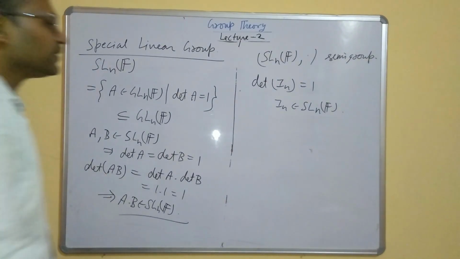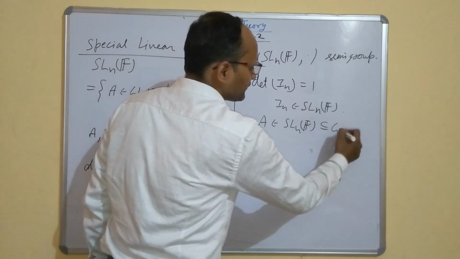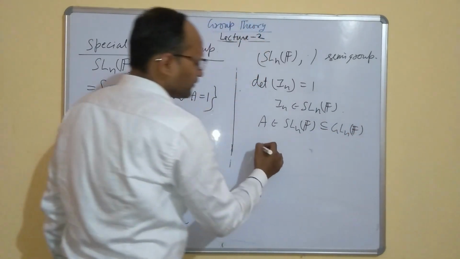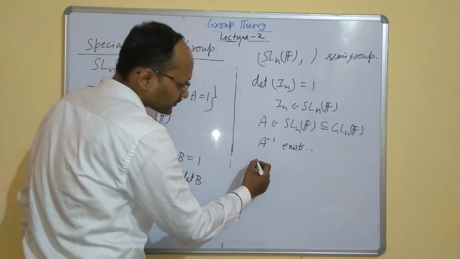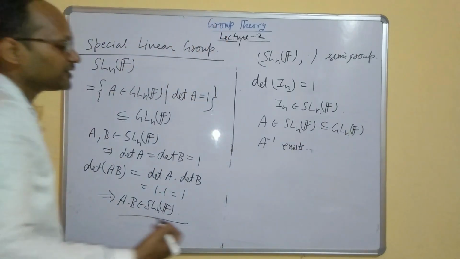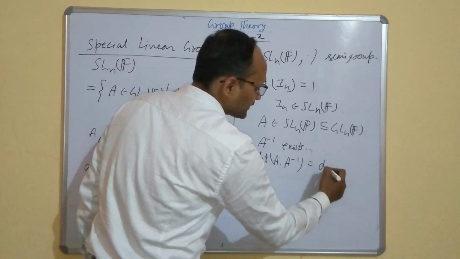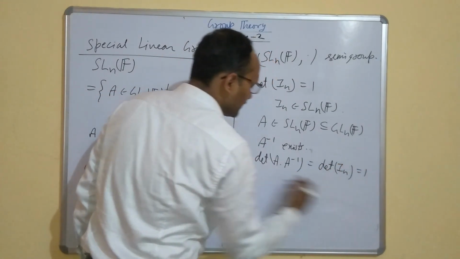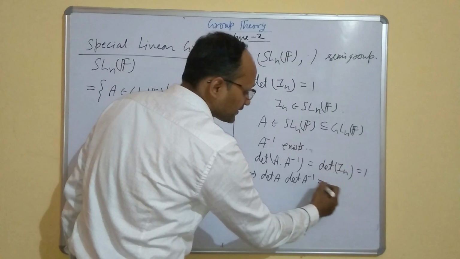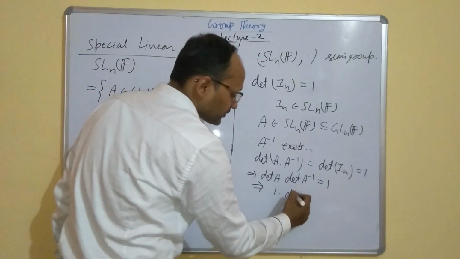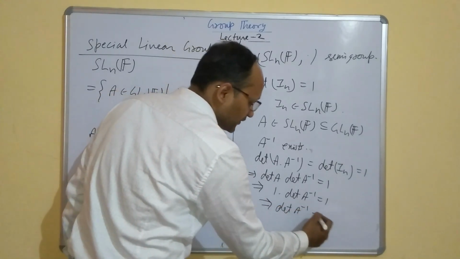Now also, if A is in SLnF, which is contained in GLnF, then A inverse exists, at least in GLnF. But what about its determinant? The determinant of In is 1, and this is the same thing as the determinant of A into the determinant of A inverse, equal to 1. So this implies 1 into the determinant of A inverse is equal to 1. So this implies the determinant of A inverse is 1.